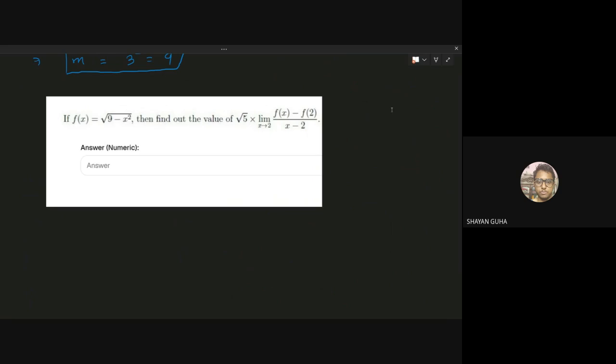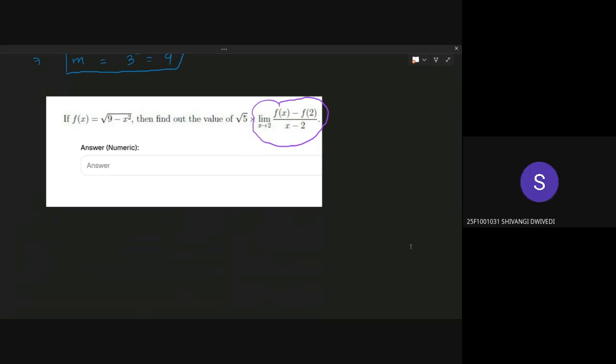Just before beginning something, I just wanted to ask, do you people know what this is? Any clue? This is something you people have done in your school. You have seen it somewhere.